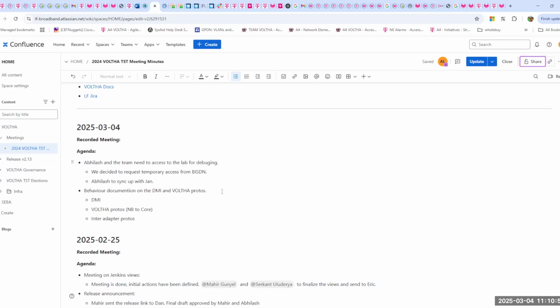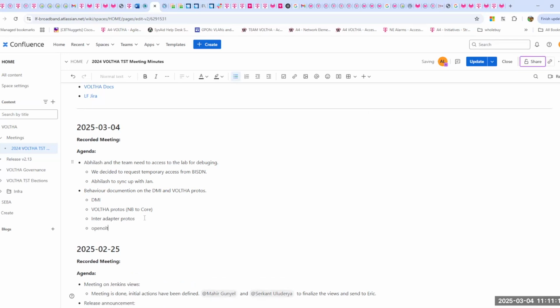So when you talk about the VOLTHA protos, it has implications on the OLT adapter and OLT agent. No, that's the OpenOLT protos. Okay, you're only talking about OpenOLT. No, I have split it.